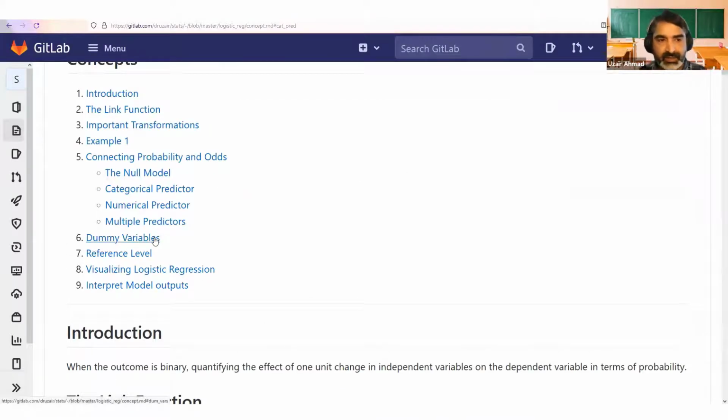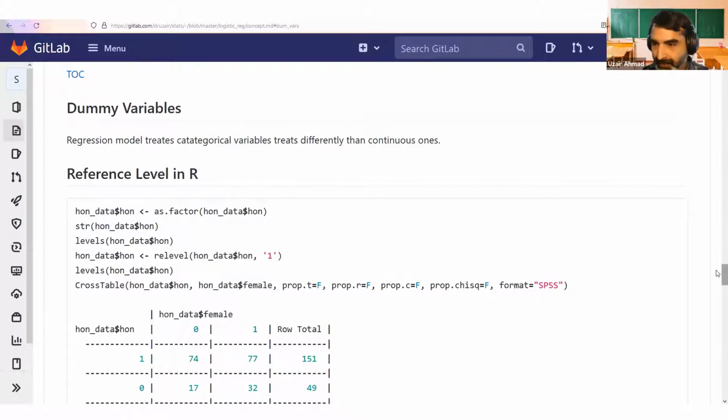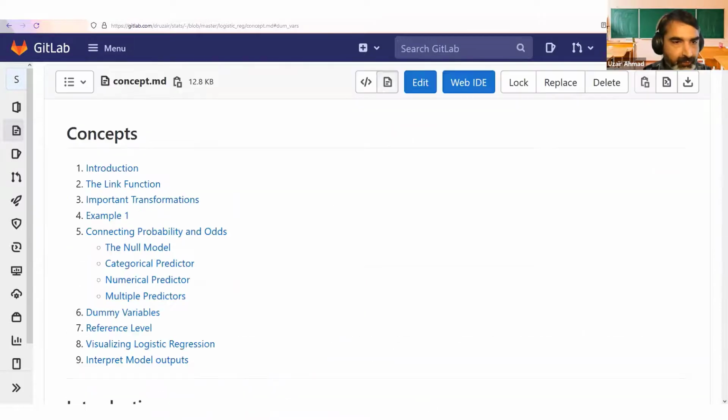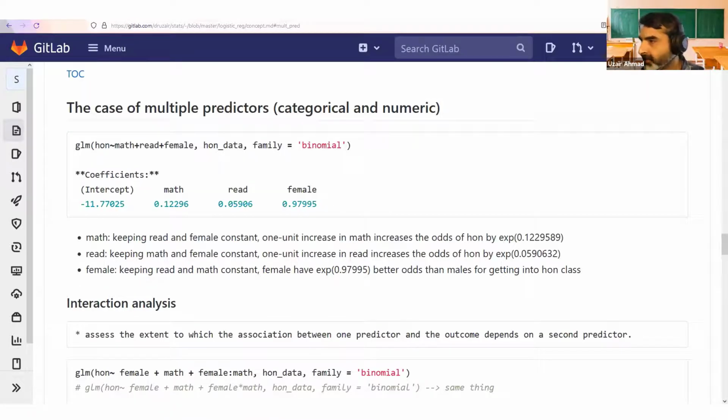One interesting thing that you want to notice in logistic regression is that you can input categorical variables and numeric variables together. Here we have math, which is a numeric variable, read, which is a numeric variable, and female, which is a categorical variable. So 0.97 represents the change in log of odds ratio if the person is female.